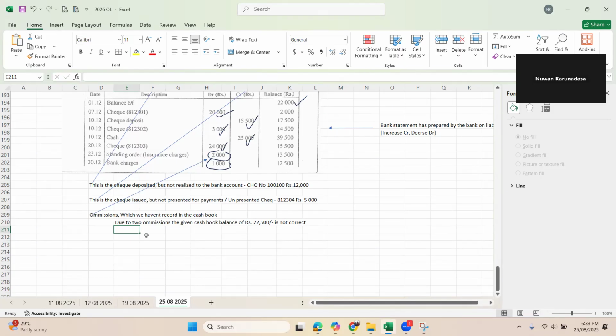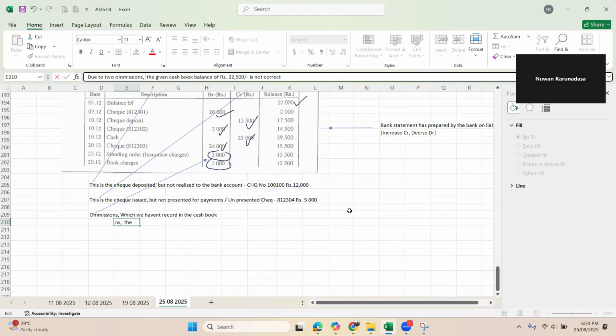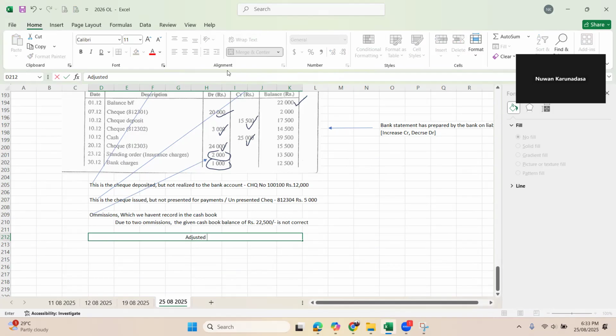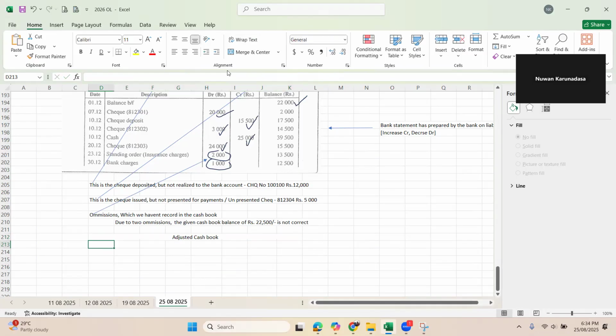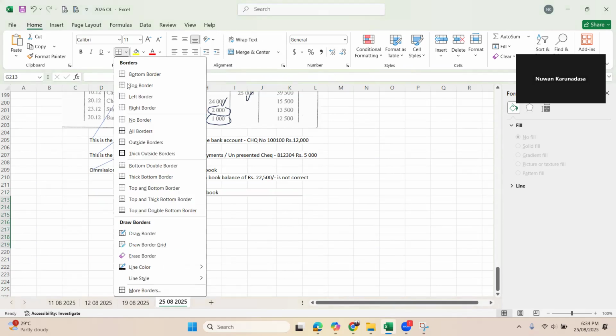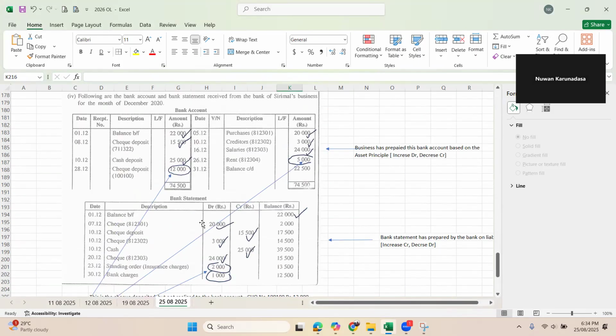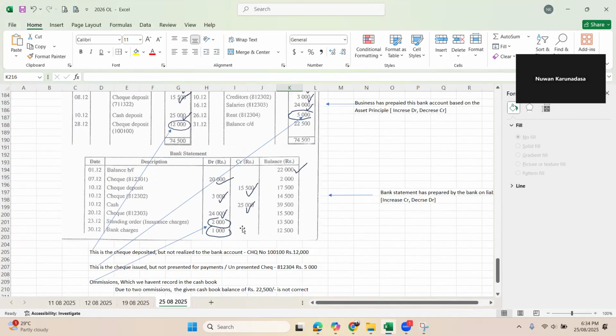Therefore, we must prepare another account called the adjusted cash book. How do we prepare it? Just a T account. Why are we going to adjust the cash book? Because the given balance of 22,500 is wrong.